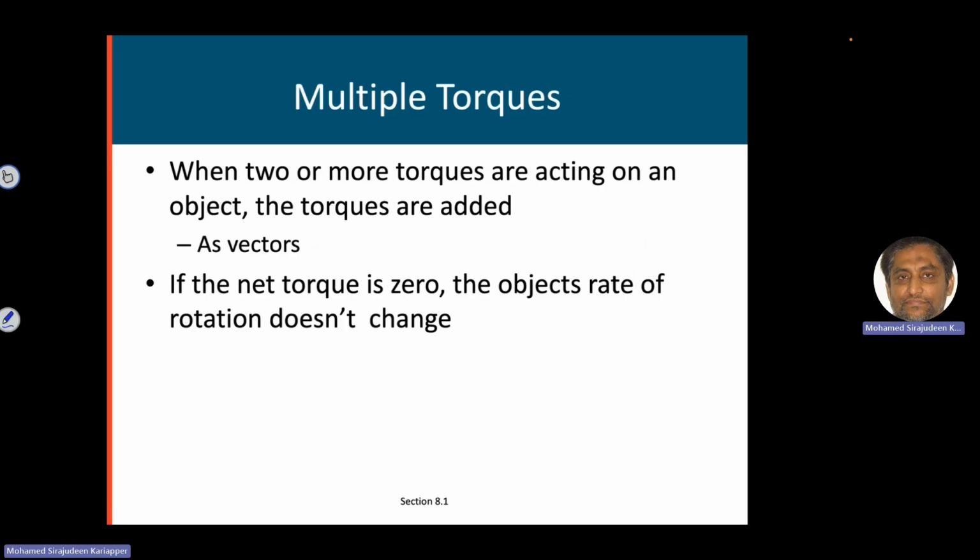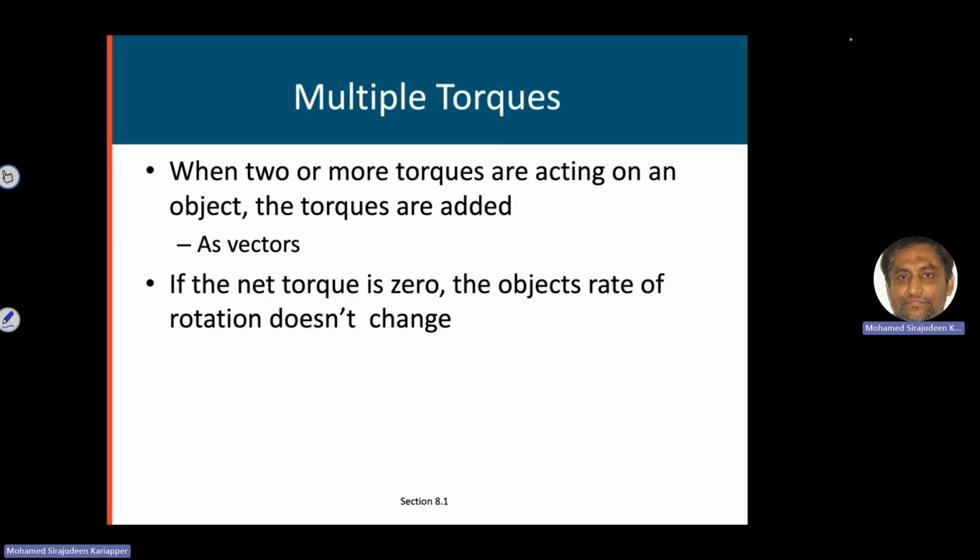Right. You can have more than one force acting on an object. That means each force has a torque. That means we can have more than one torque acting on an object, two or more torques. Then you need to add them, right? If you have more than one torque, to get the net torque, you have to add them.